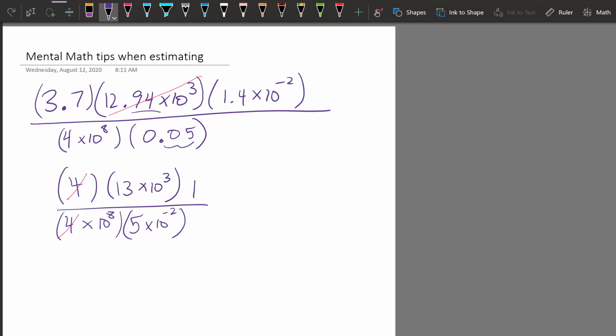Or, you know what? That's really close. I got a 5 down here on the bottom, and that's 1.4. If I change this to 15, by moving the decimal one time and changing that number to a 5, this part of the number got bigger by a factor of 10, so that part has to get smaller by a factor of 10, so that's 10 to the negative 3 now.